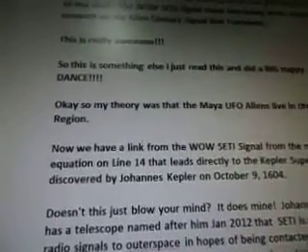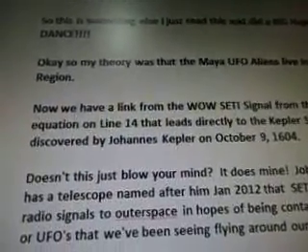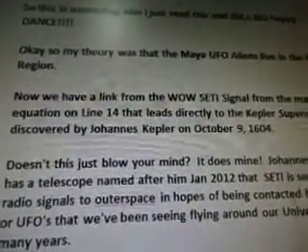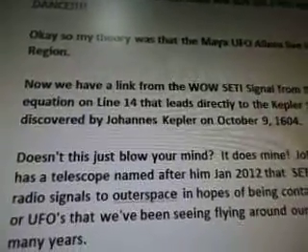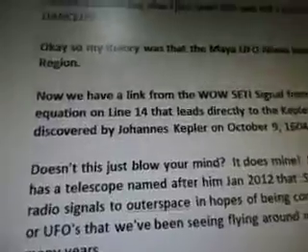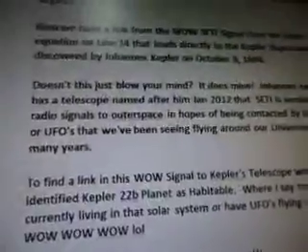So, okay, my theory was that the Maya UFO aliens live in the Kepler region. Now we have a link from the WOW SETI signal, from the math equation on line 14, that leads directly to the Kepler supernova discovered by Johannes Kepler on October 9th, 1604. Doesn't this just blow your mind? It does mine.